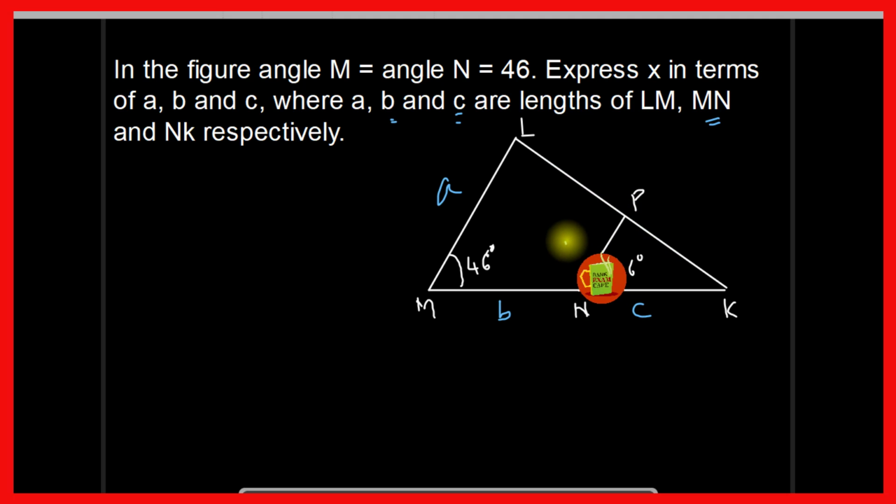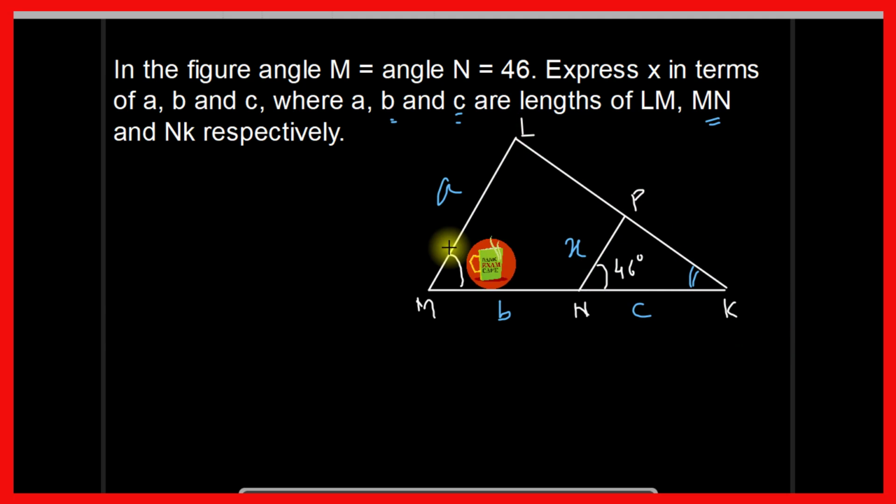And here, friends, PN is x, the length of PN is x, and we have to find the value of x in terms of a, b and c. Here we see that this angle and this angle are equal. So if we take triangle PNK and triangle KLM, in these two triangles this angle and this angle are equal, given, and this angle K is common to both the triangles.